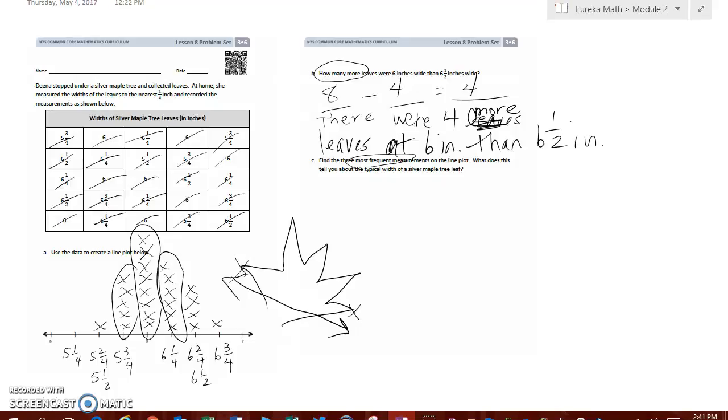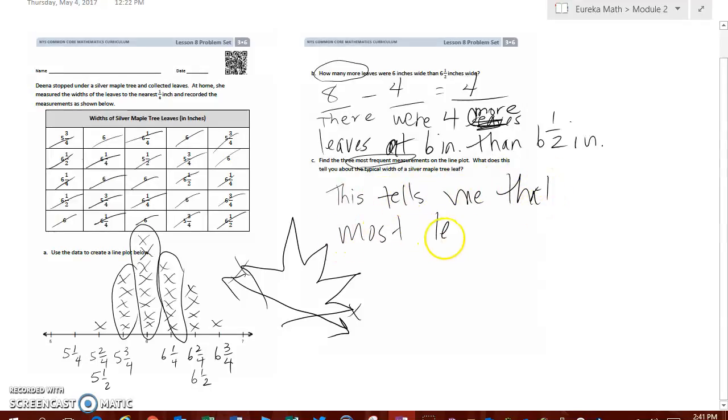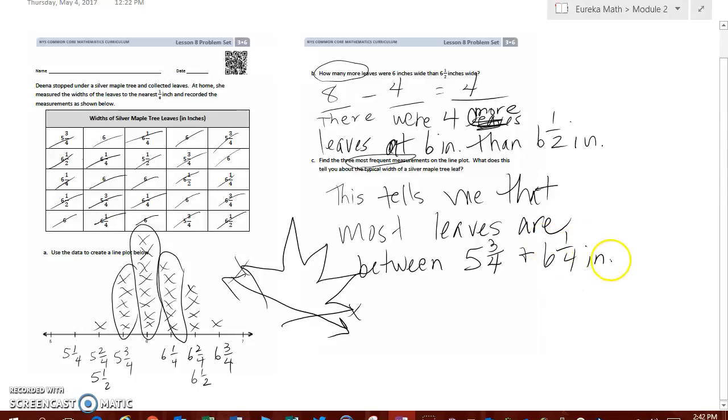Well, to me what it says is this tells me that most leaves are between 5 3/4 and 6 1/4 inches wide.